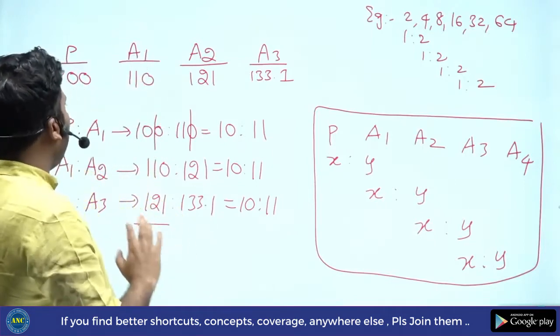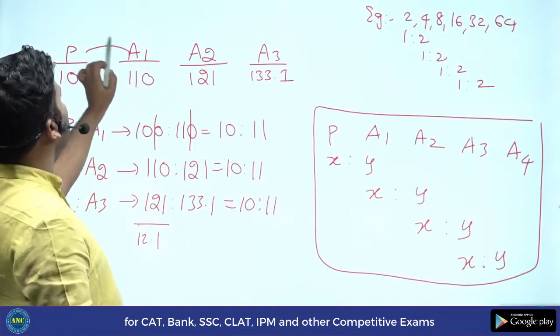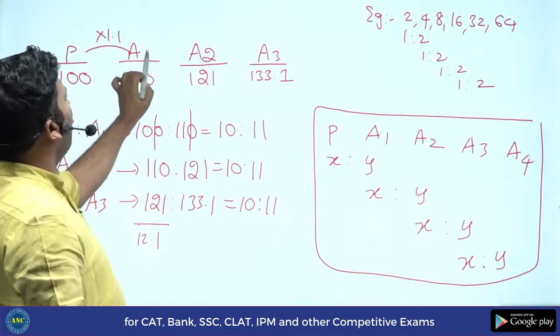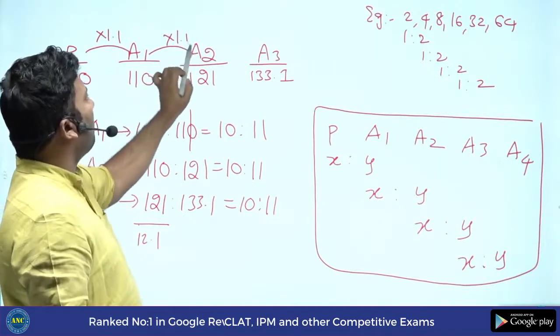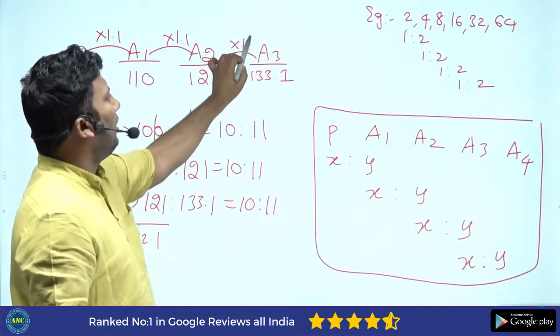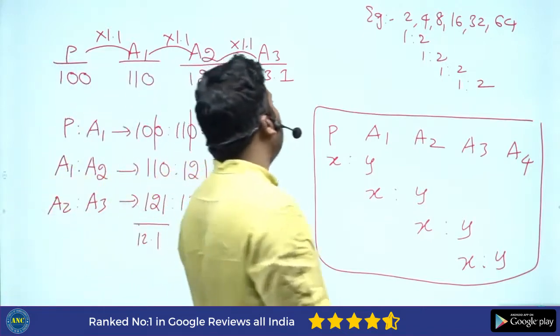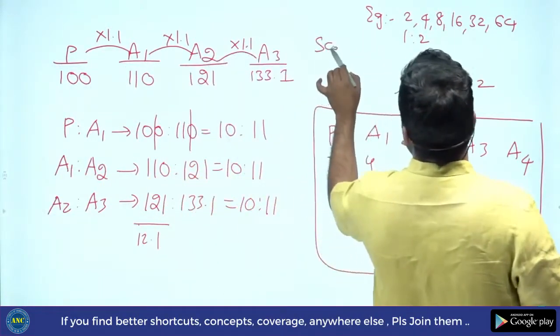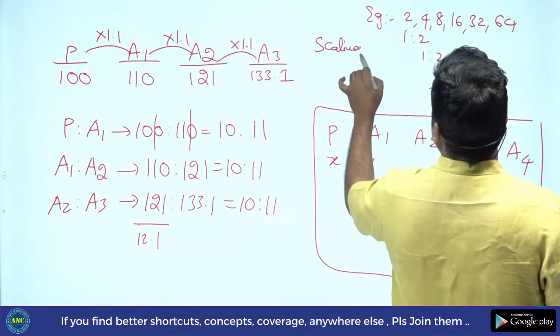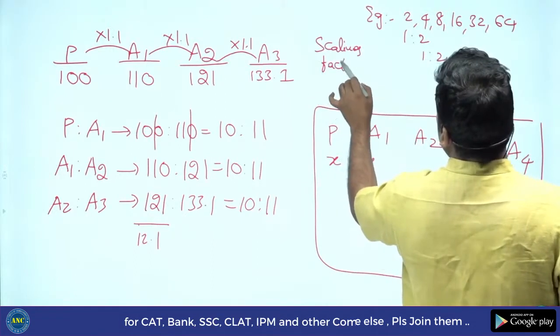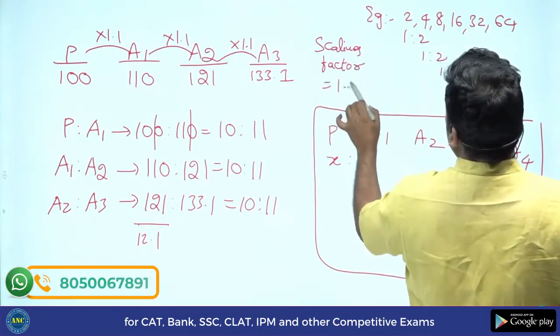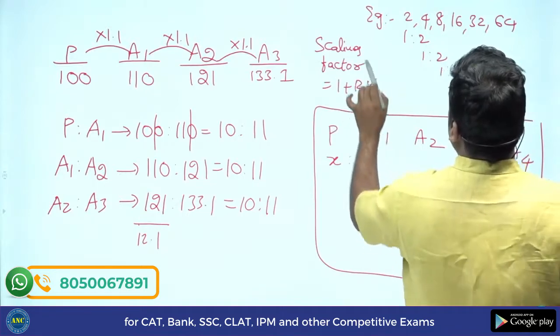Now, another very, very important point: what is this ratio we got? 1.1. Here also 1.1. Here also 1.1. What is this 1.1? It is nothing but the scaling factor, which we did in our previous classes, which is 1 plus r percentage.